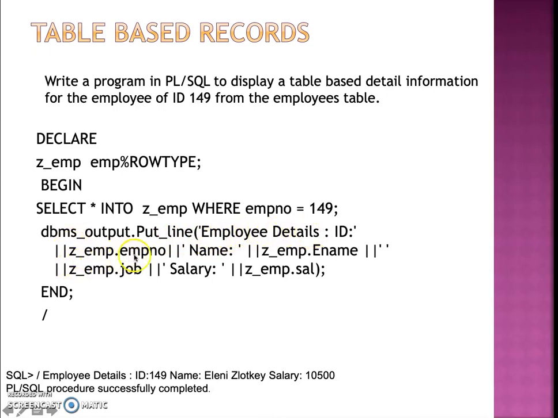ZEMP.EMP number means the dot operator is able to access the EMP number from the table. Here also EMP, ename, job, sal are all stored in the ZEMP, which is accessed by the dot operator in PL/SQL.